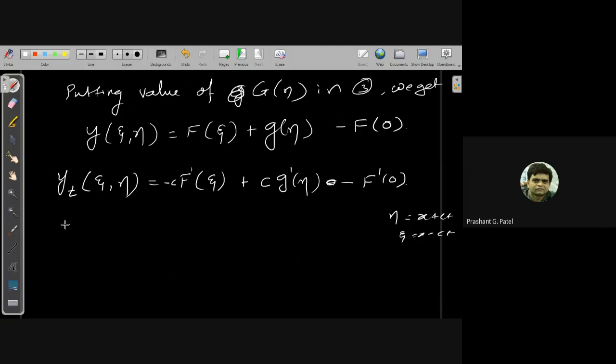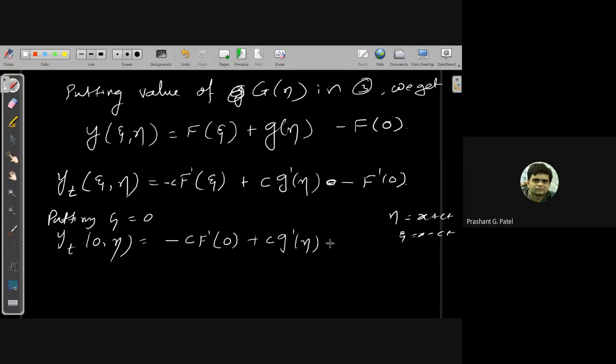Now if I substitute xi equal to 0, then y_t at 0, eta gives me minus c times f dash of 0 plus c times g dash of eta. And this f of 0 is a constant with respect to t, so its derivative is 0, so this term should not be there, and only this will remain.